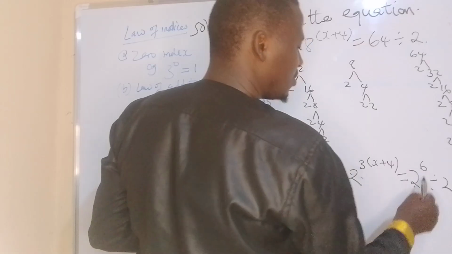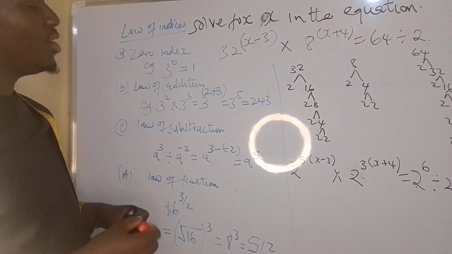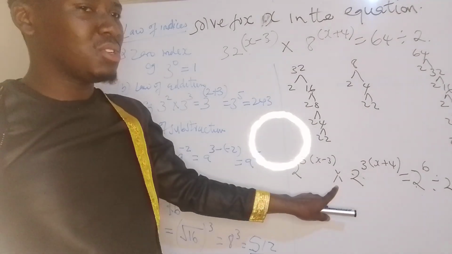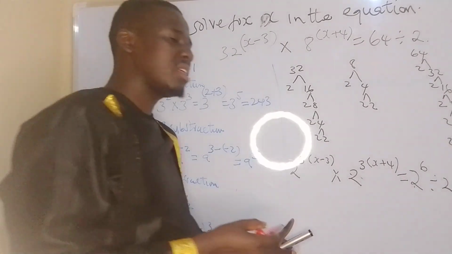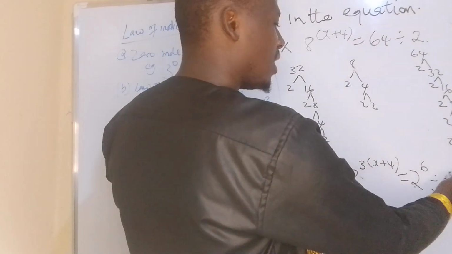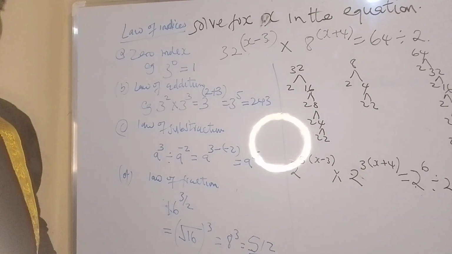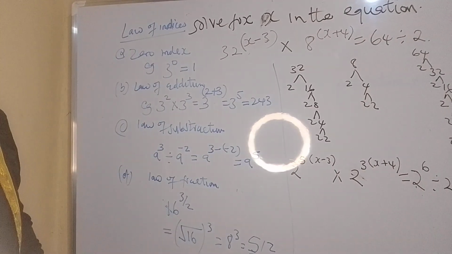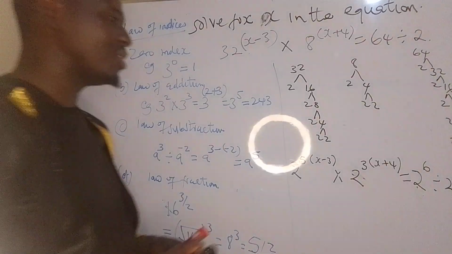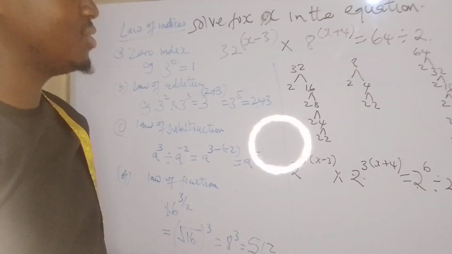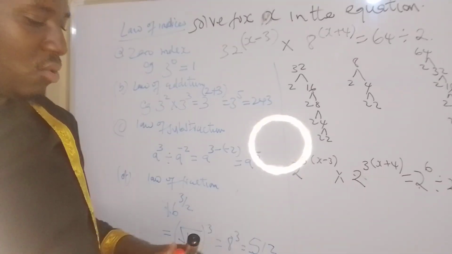After that, we apply the laws of indices. One law that we're going to apply is the law of addition, because in between these there is multiplication. We are going to operate with the powers. Don't forget that a number raised to power 1 is the number itself. It's important that we get to know that. So now we work with the powers.